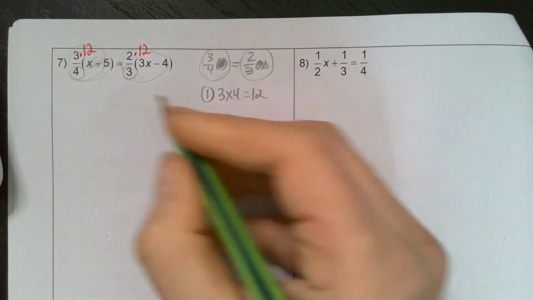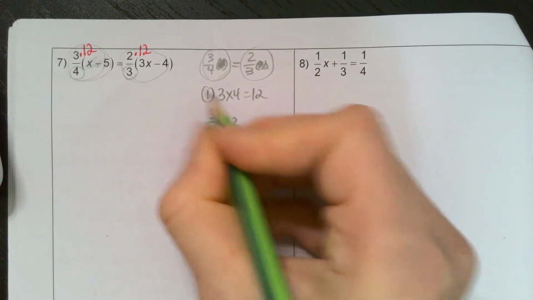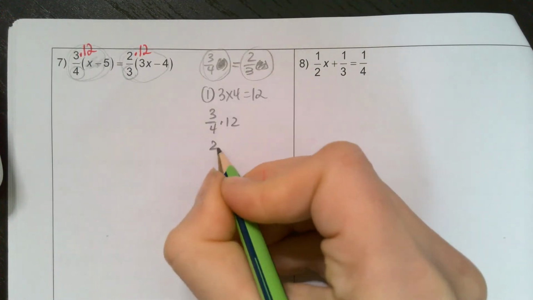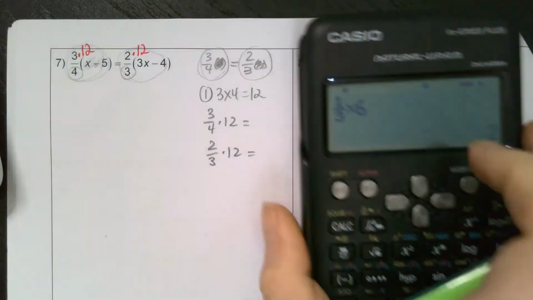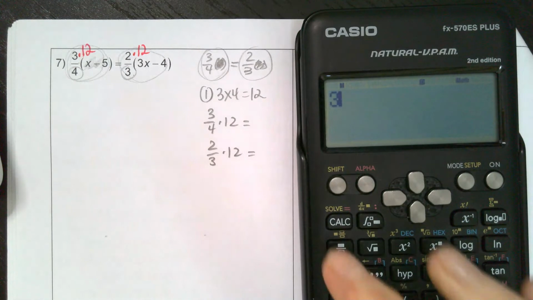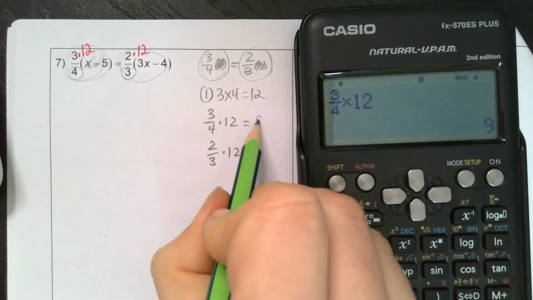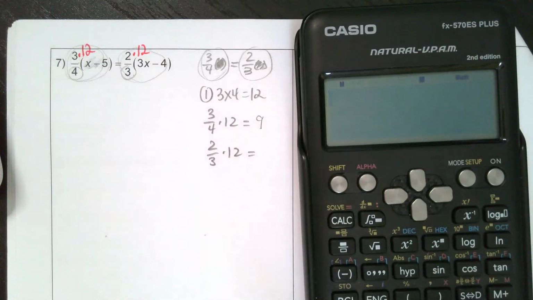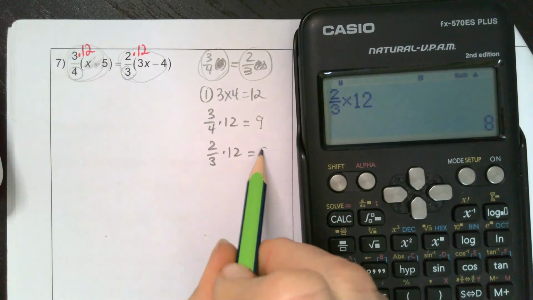So let's do the work down here. 3 over 4 times 12 and 2 over 3 times 12. Let's use our calculator. 3 over 4 times 12, 9. And then 2 over 3 times 12, 8.